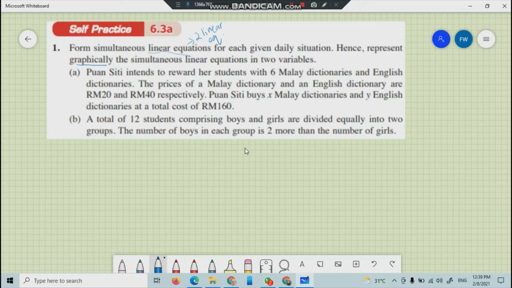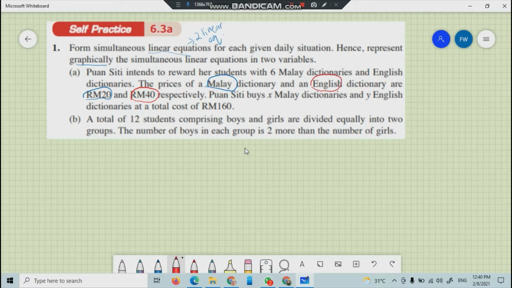Situation A. Yi Ching intends to reward her students with 6 Malay dictionaries and English dictionaries. The prices of a Malay dictionary and an English dictionary are RM20 for the Malay dictionary and RM40 for the English dictionary.